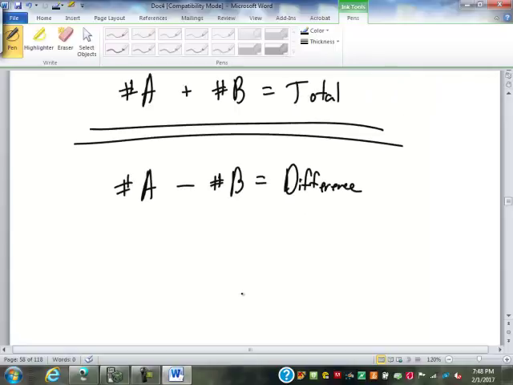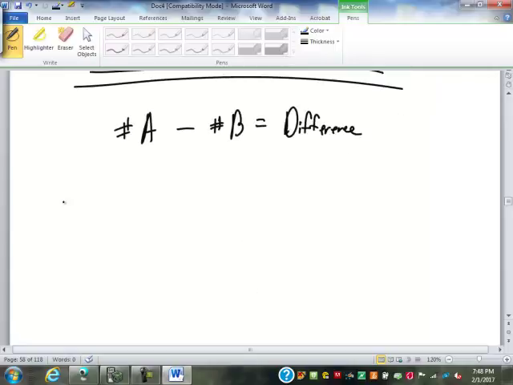So let's look at an example of that. Let's say that Pat sells 4 times as many cars as Stacy. We'll stick with car sales for the fun of it.